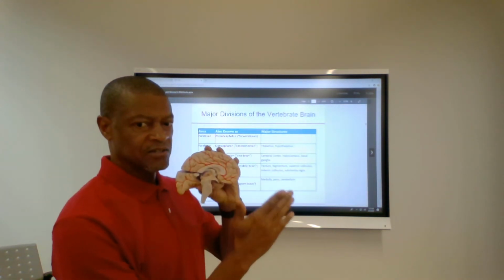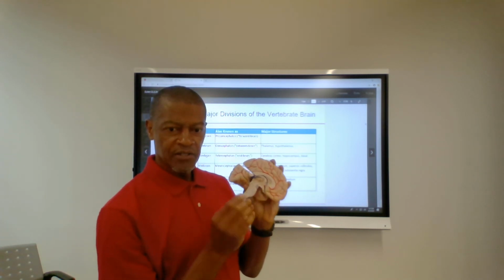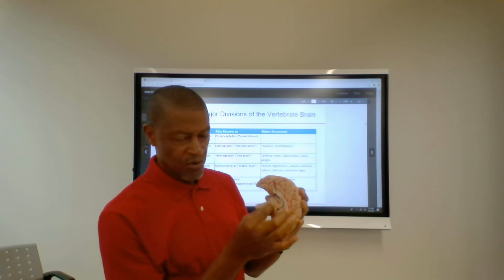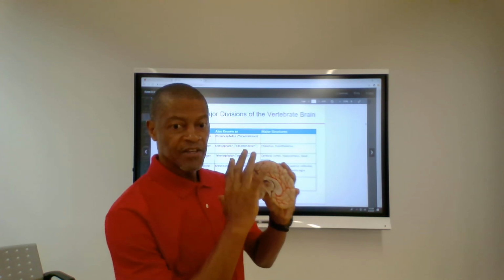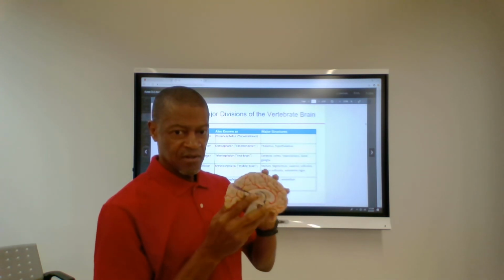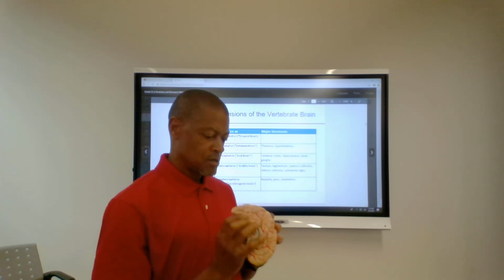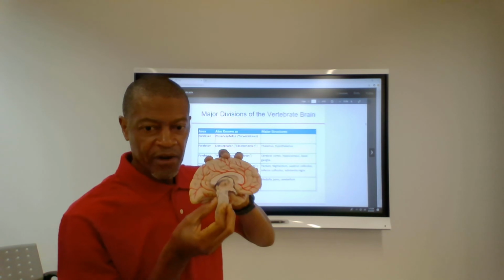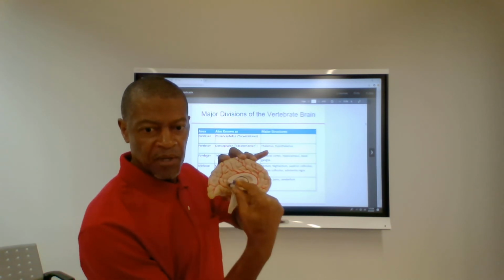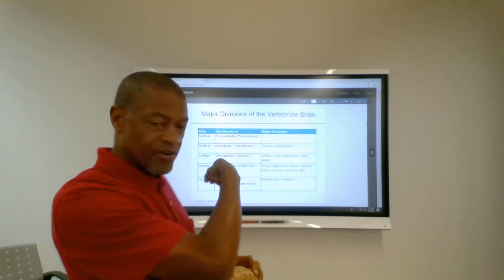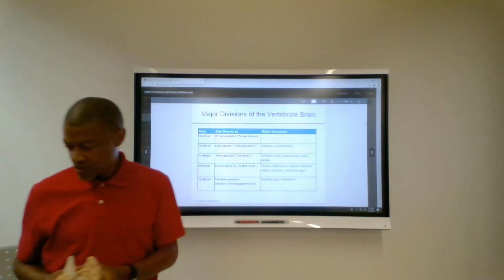Again, the side section. This hindbrain is the bottom part. Midbrain is there in the middle. Forebrain is everything else. So, hindbrain, midbrain, forebrain. So this is just describing the areas that are in those locations.